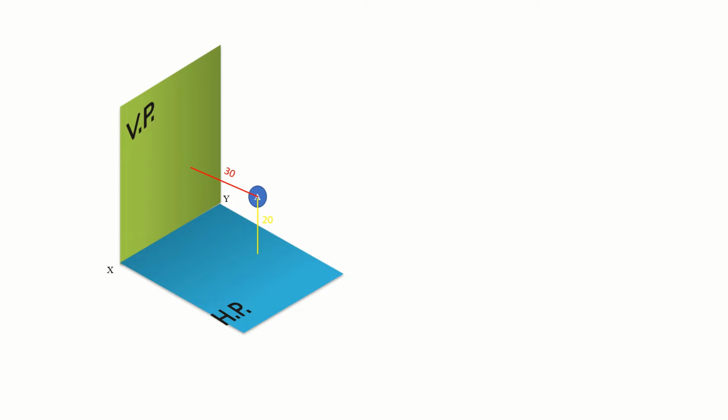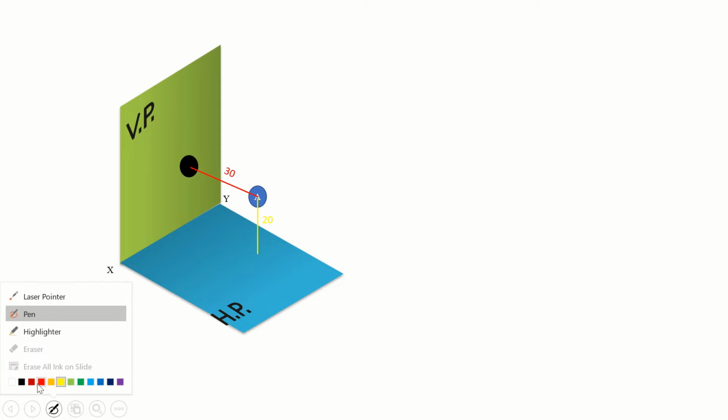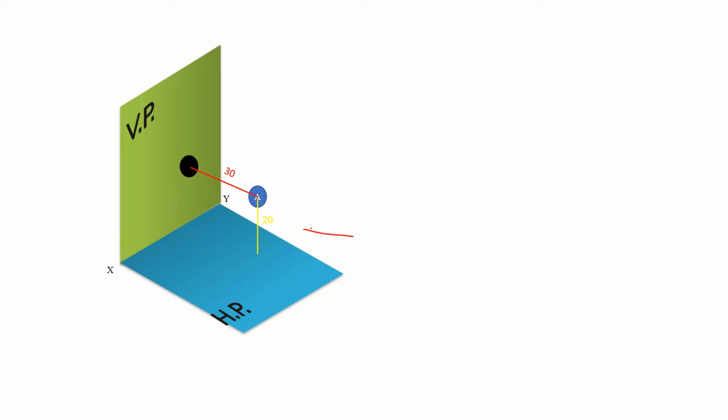This is the position of point A. Now we will get the front view and top view. A human is looking at point A, and the image of point A will be in the vertical plane. So we have the front view in the vertical plane in the first quadrant.